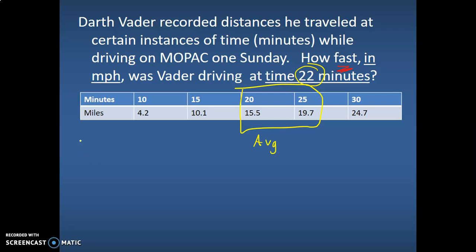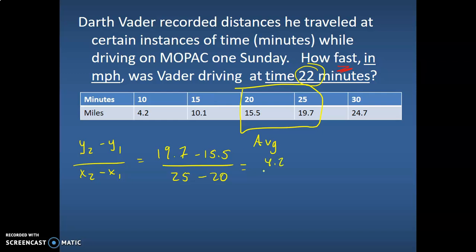So in this particular equation, we're going to do a slope calculation. So I want to do my y values, 19.7 minus 15.5 over 25 minus 20. 19.7 minus 15.5 would be 4.2 over 5, which we can simplify down.